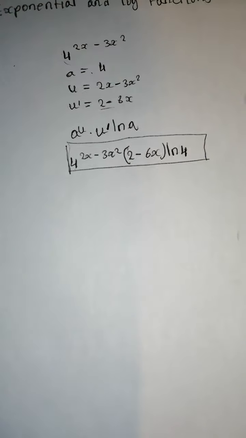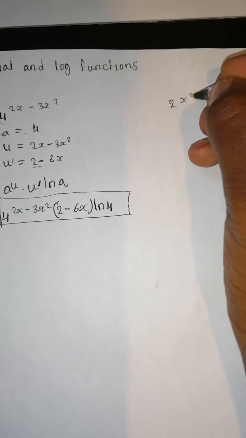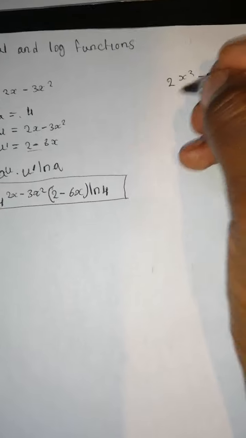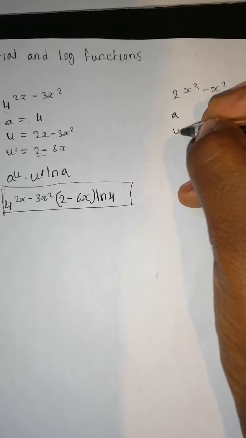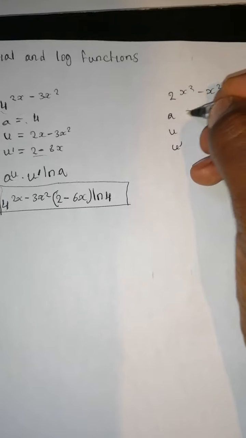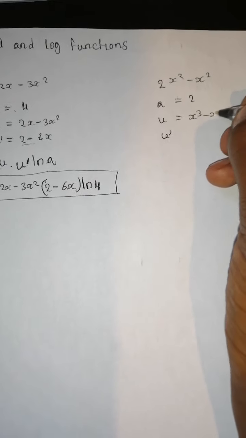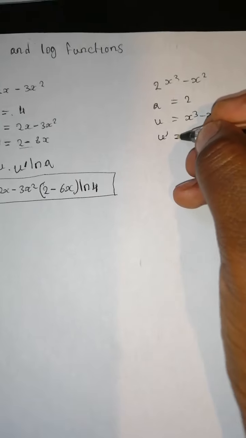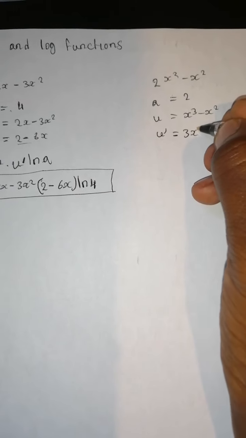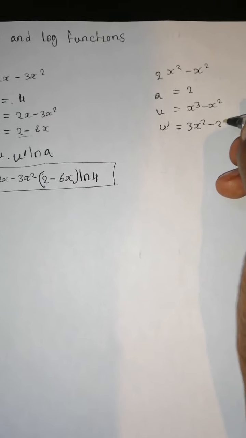So what about this one? How can you find the derivative of 2 raised to the power x cubed minus x squared? First of all, you have to find a, u, and u prime. a is equal to 2, u is x cubed minus x squared, and u prime is equal to 3x squared minus 2x.